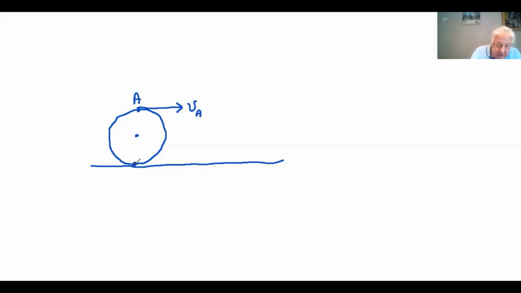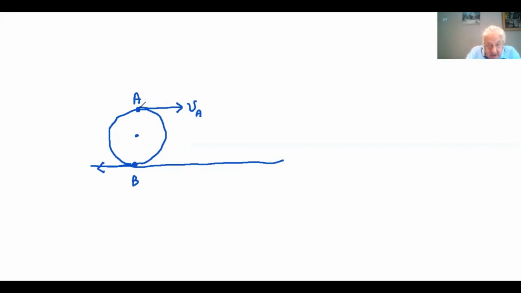And let me look at another point here, B. I can do this for anywhere on the circle, but it's a little bit more complicated because of the angles. So I'm going to pick these two simple cases. You can do the rest yourselves once I've shown you how to do this.